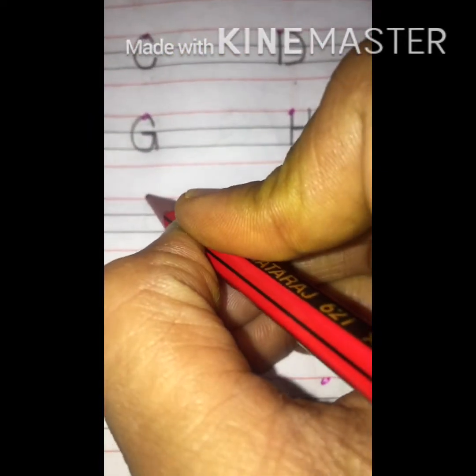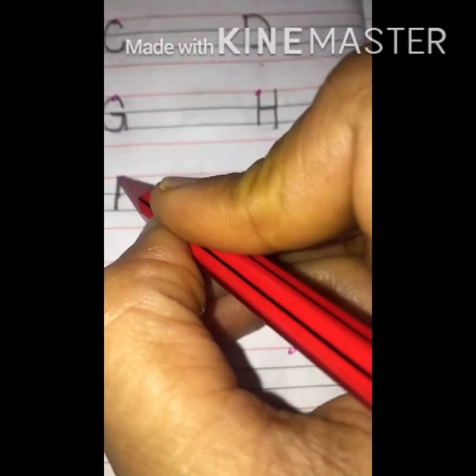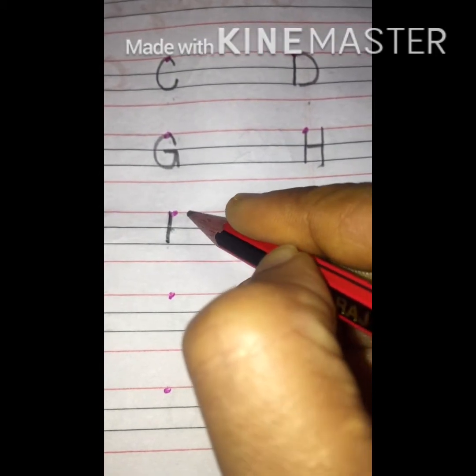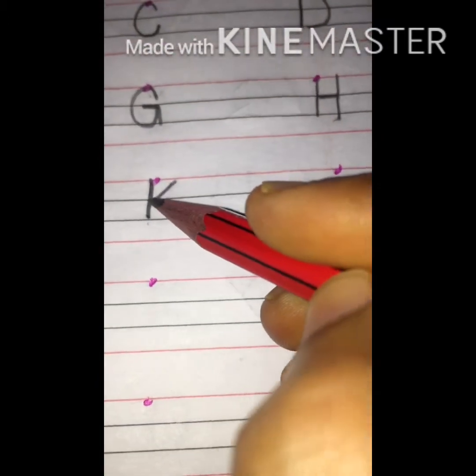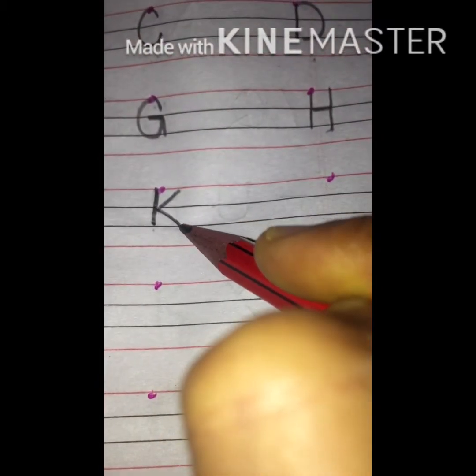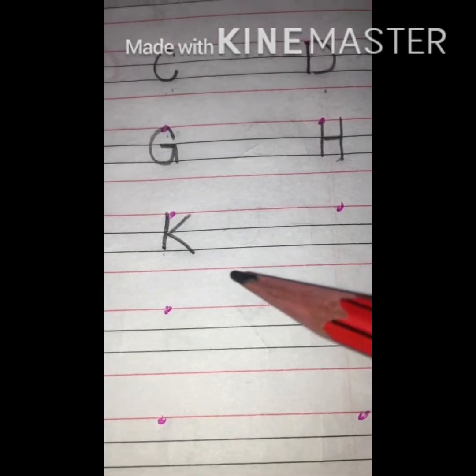Now next letter is letter K. So standing line, and from here in between these two lines, the second line, we are to start from here and bring it here like this. Okay, now from here bring a standing line like this. Letter K. What comes after K?